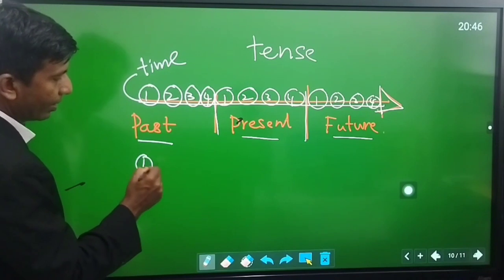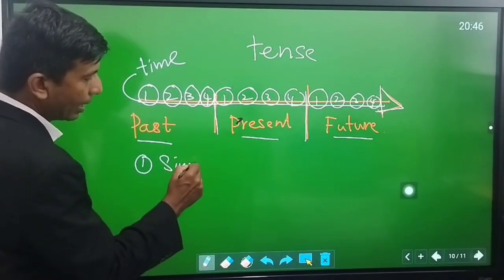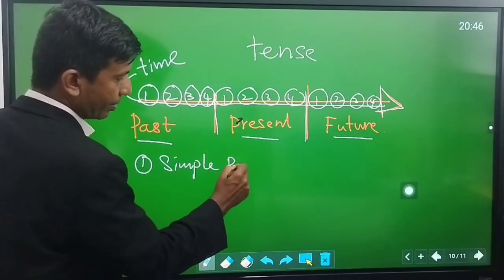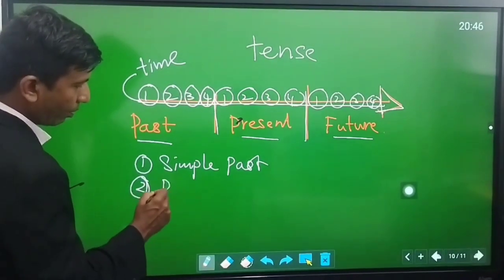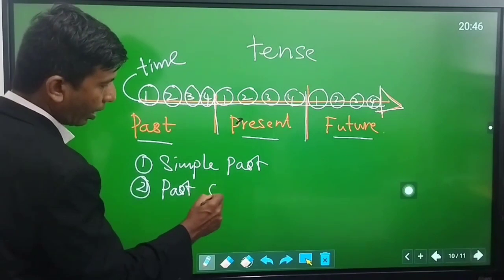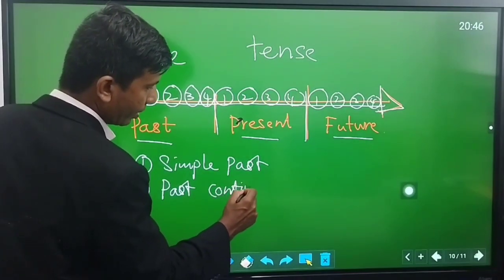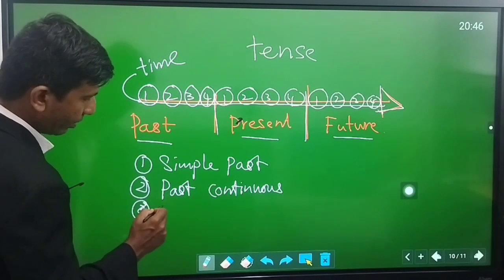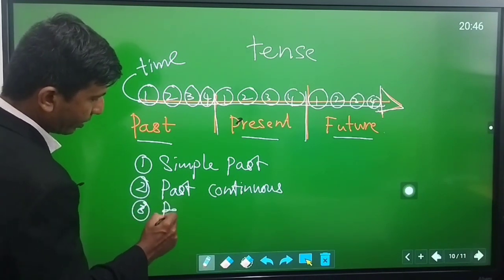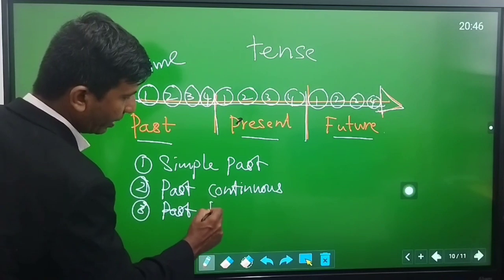First one is simple past. Second one is past continuous. Third one is past perfect.